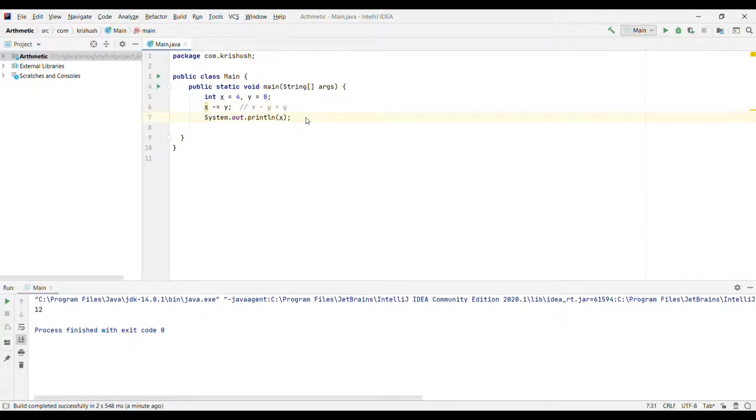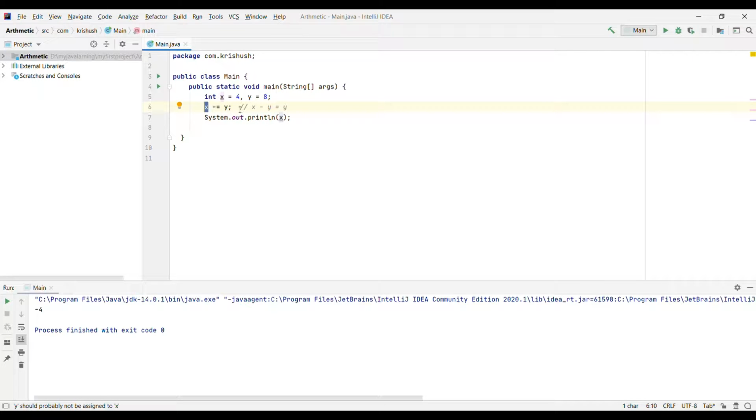Let's run it again, because this time also the output will be different, and it is -4, as you can see on the screen, because x is 4 and y is 8. 4 minus 8 is -4, and that is the answer.